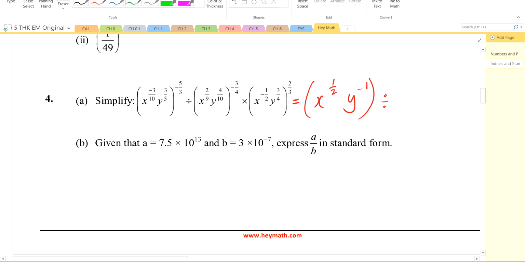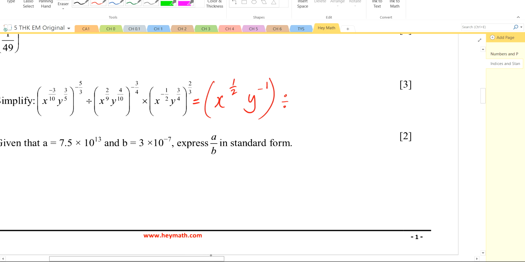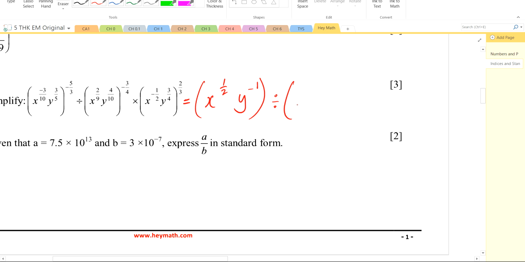Just times, yeah, that's it. Then the division, divided by x to the power of, cancel 2, 3. -1 over 3, is that it? 1 over 6, oh yes, it's -1 over 6.